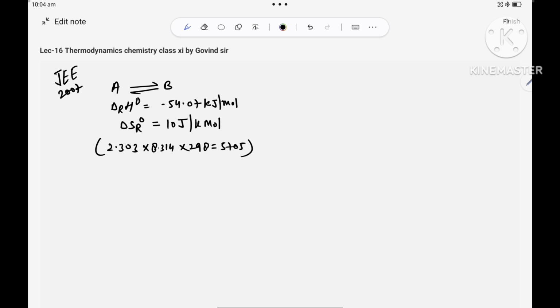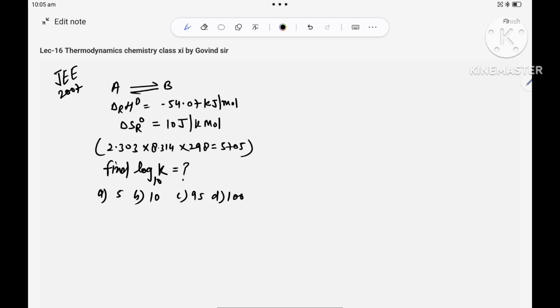Find log K base 10. Options are 5, 10, 95, 100.